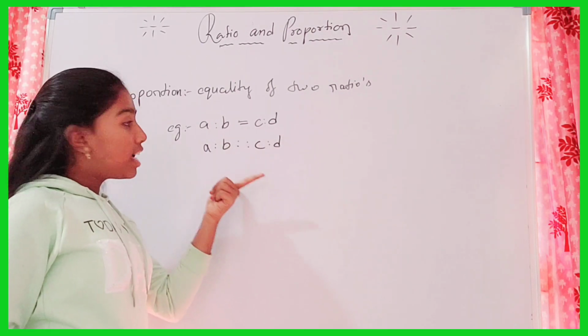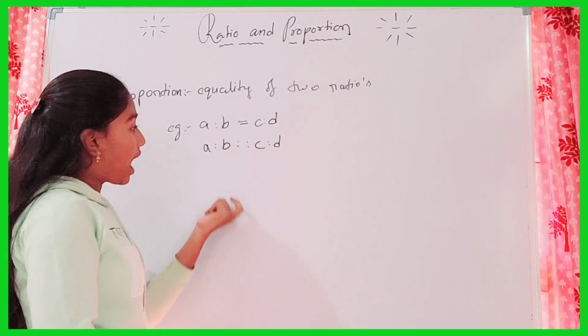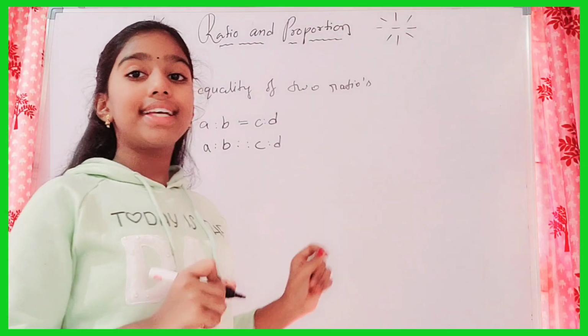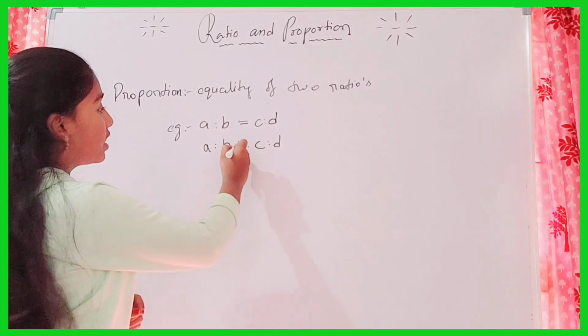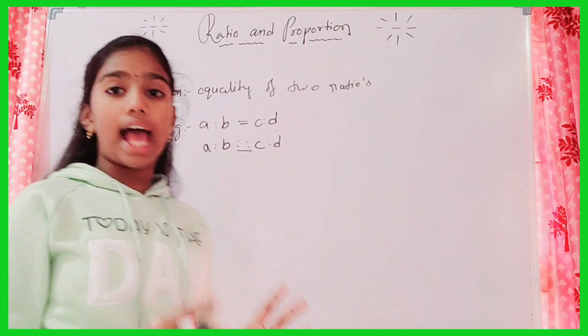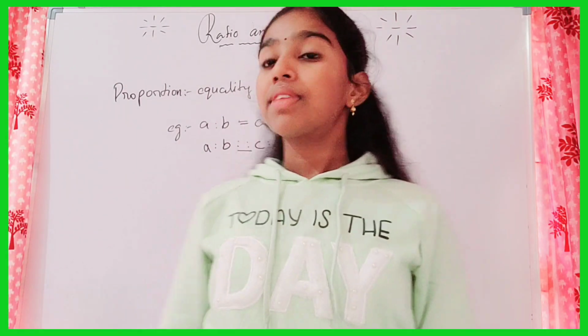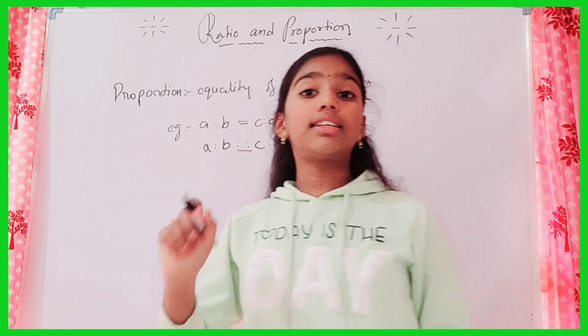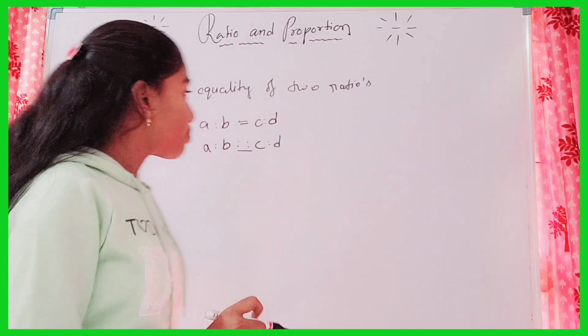We can pronounce it as A is to B is as C is to D. This sign is pronounced as "is as". A is to B is as C is to D.